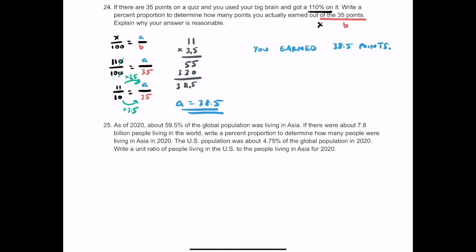So you earn 38.5 points. Why is it reasonable? Well, it's larger than 35. I'm not going to write it all out, but the reasoning is just because 110 is bigger than 100. The numerator is bigger than the denominator on the left, so the numerator on the right has to be bigger than the denominator on the right.